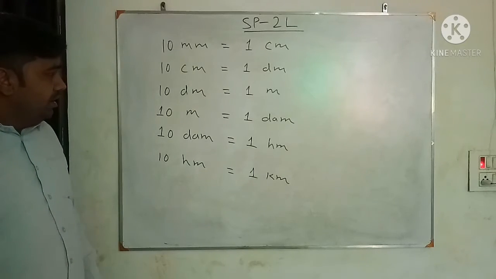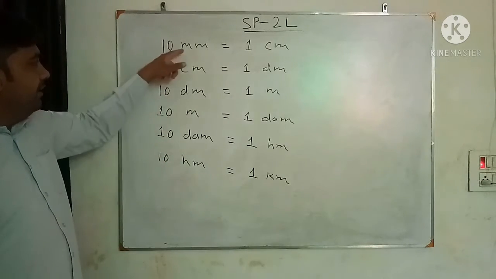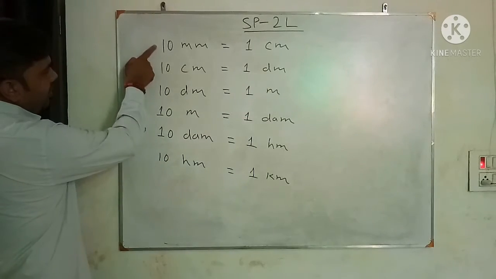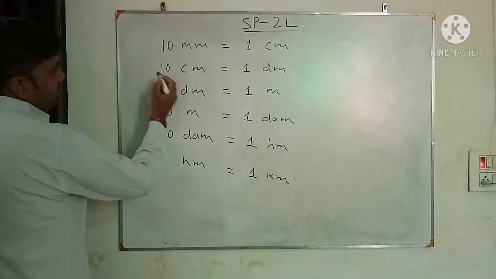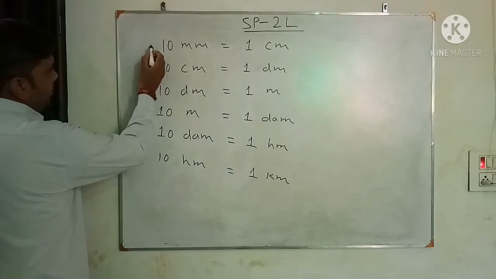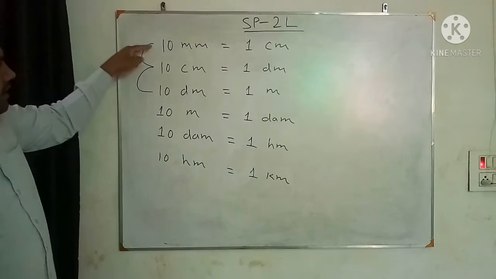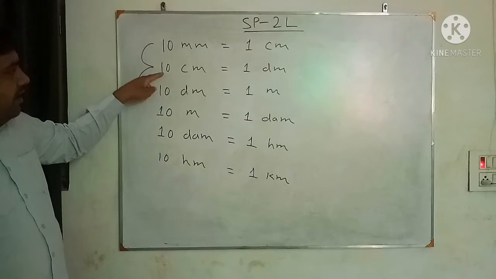Now suppose it is asked how many millimeter make 1 meter. See, from millimeter to 1 meter, how many jumps do you have to make? 10 times 10 is 100, 100 times 10 is 1000. 10 millimeter make 1 centimeter, 10 centimeter make 1 decimeter, 10 decimeter make 1 meter.